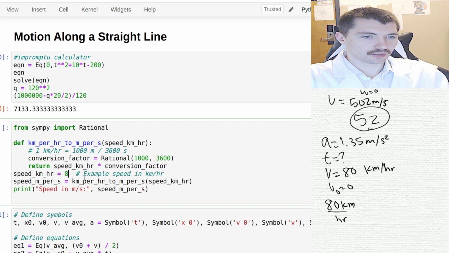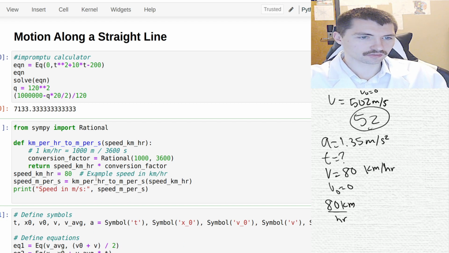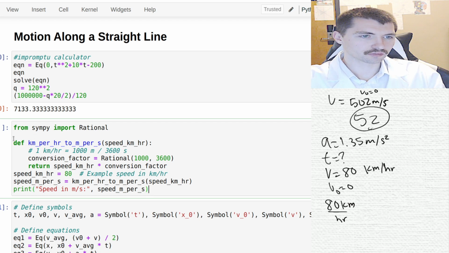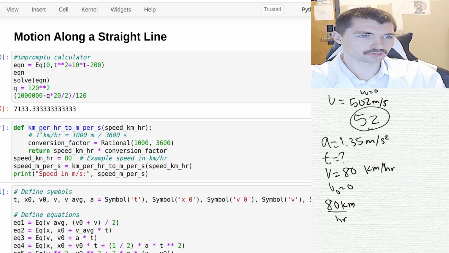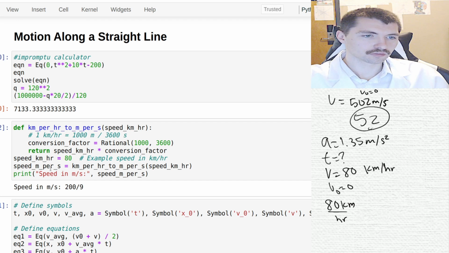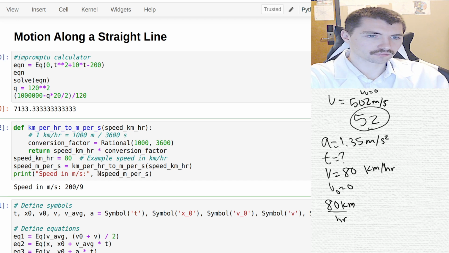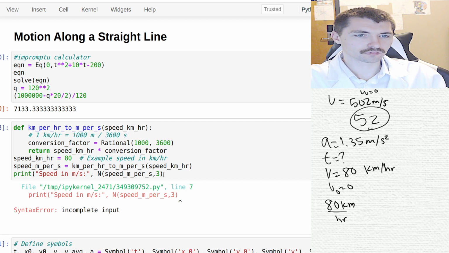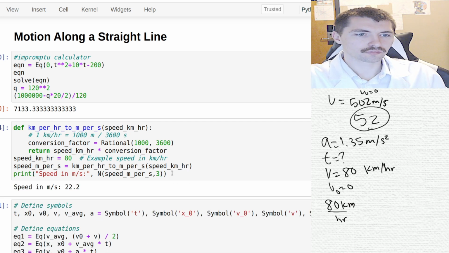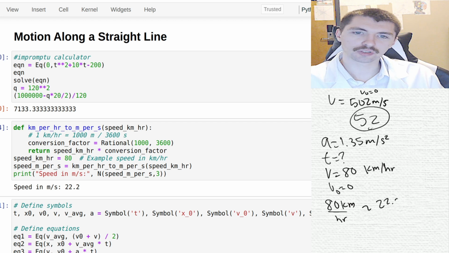Speed is 80. So it's about 22.2 meters per second.